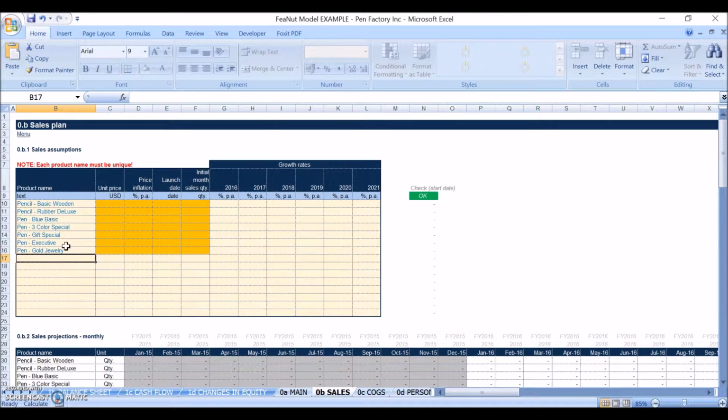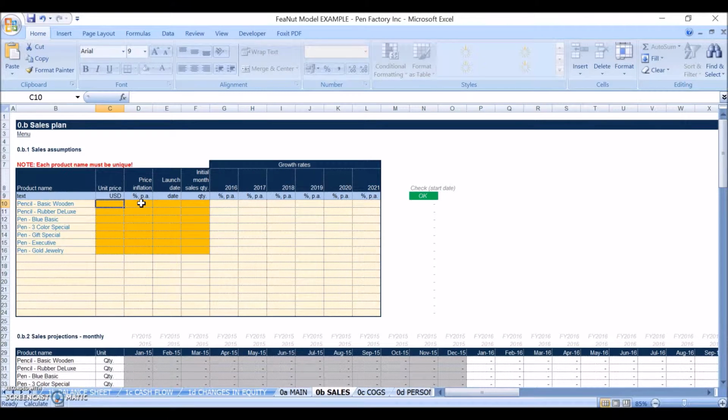So as soon as you type in any product name in here, you can immediately see that some of these cells turn orange. That means that these are required data inputs and you have to provide them. So what you have to provide in this table is a unit price, price inflation. For price inflation, basically that means whether your price will increase or decrease year over year.